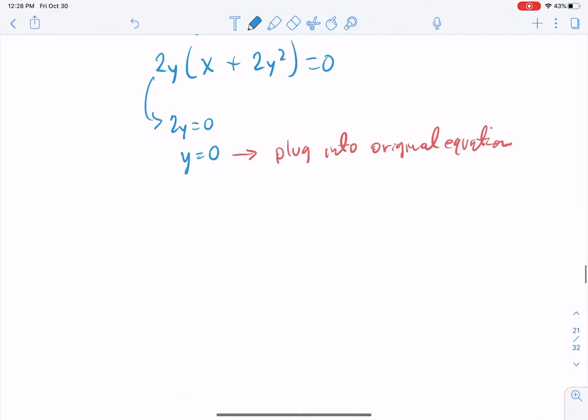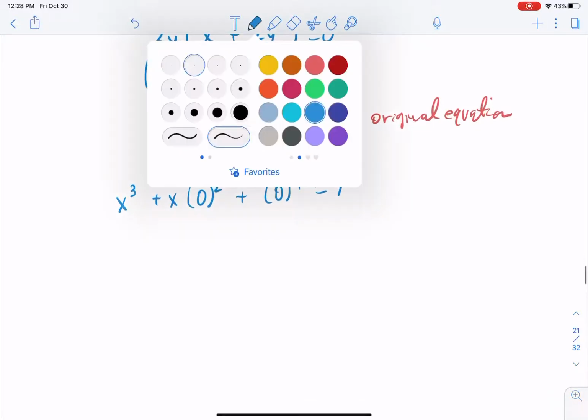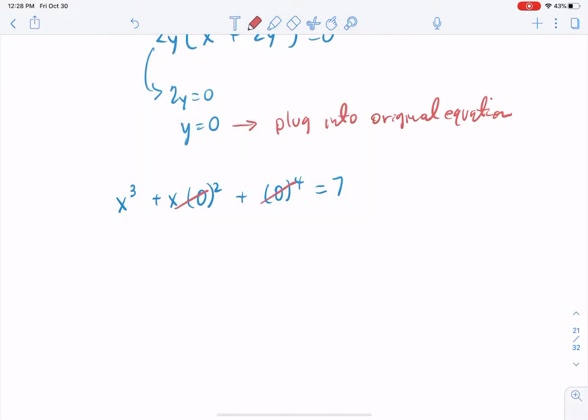We have x cubed plus x times 0 squared plus 0 to the 4th is equal to 7. I remembered that. I didn't even have a cheat sheet here or anything. Anyway, so I can see some cancellation happening, and I just have x cubed equaling 7 left over.